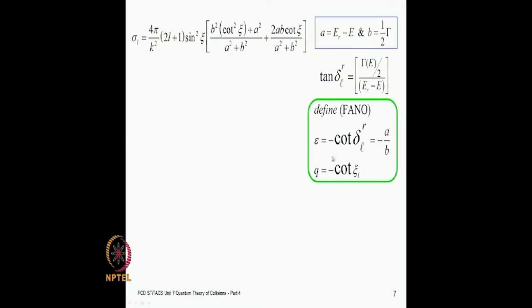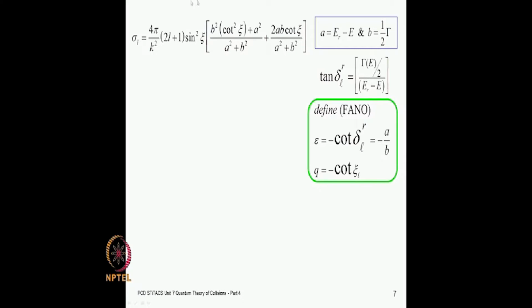So epsilon is nothing but the negative of the cotangent of the resonant phase shift, and q is nothing but the negative of the cotangent of the background phase shift. Okay? So these are two parameters, and notice that this epsilon is nothing but a ratio of a over b with a negative sign. Okay? So epsilon is just minus a over b, and q comes from the cotangent of the background phase shift, or the negative of the cotangent of the background phase shift.